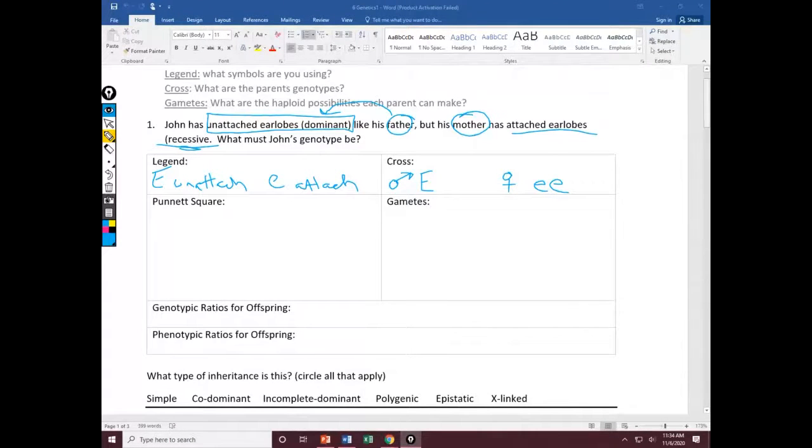So it makes it hard to actually know what it is without more information. So dad, kind of confusing. We have two potential dads here. Oh my. So dad can be homozygous dominant or heterozygous. Either of these would lead to having unattached earlobes.